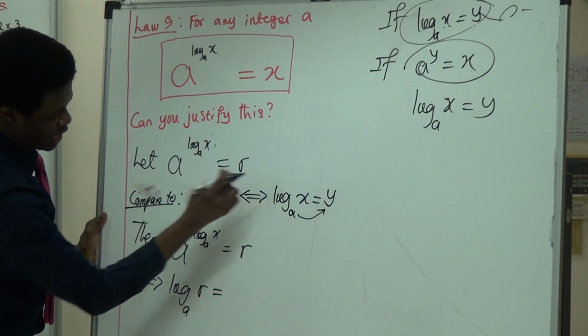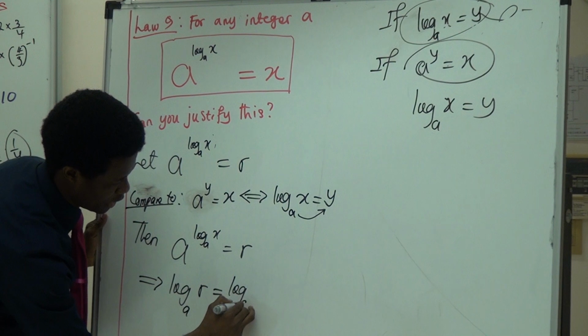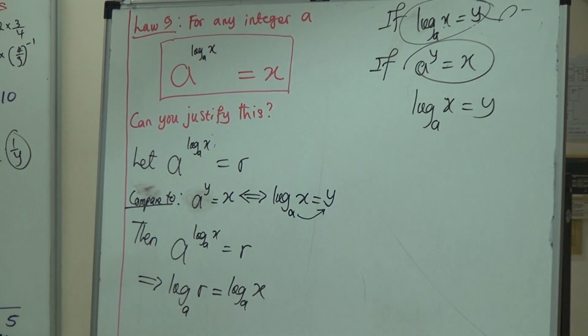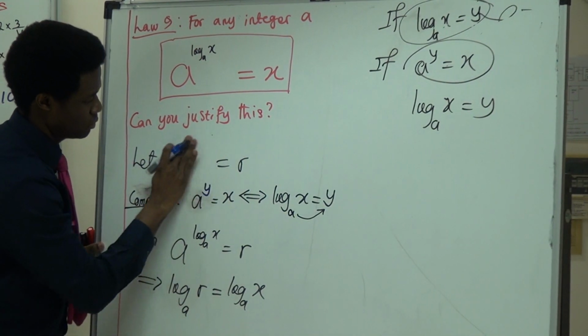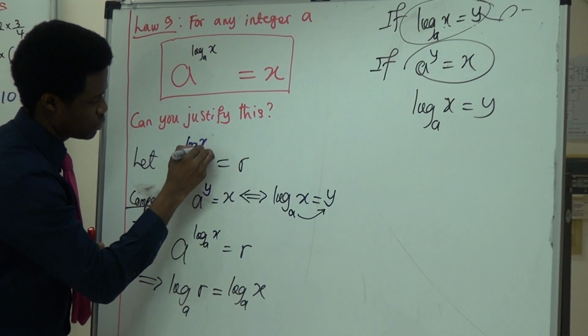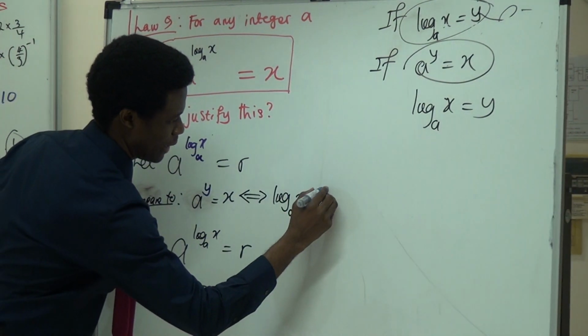What is my y this time? The power. What's my y here? Log base a of x. Do you agree? I should color code this stuff. Power y, log x base a. Can you see that? And this is the same y.